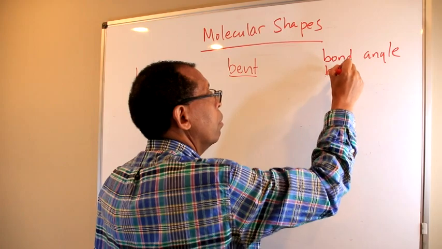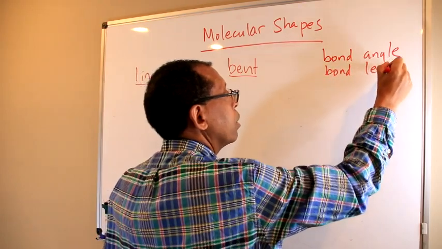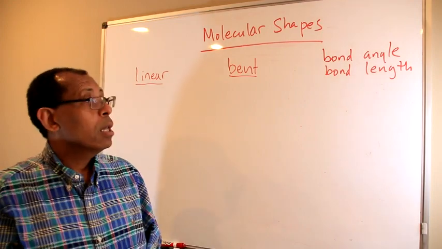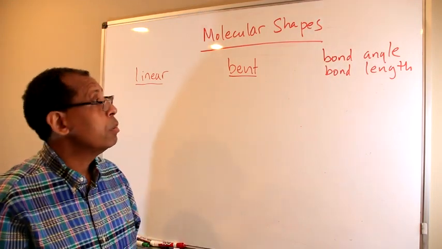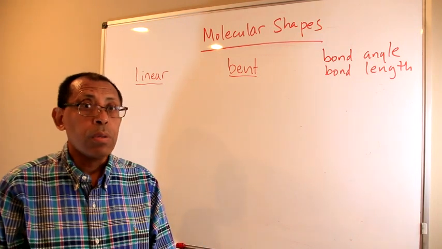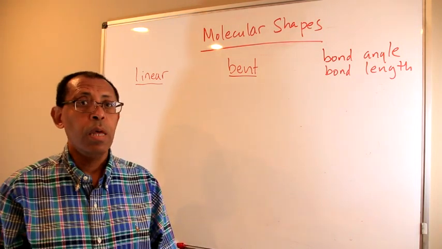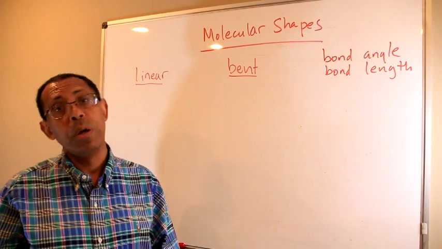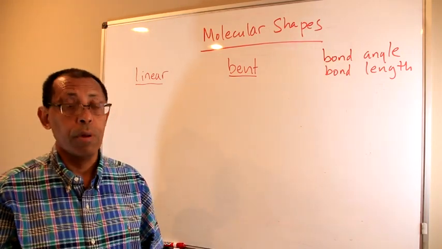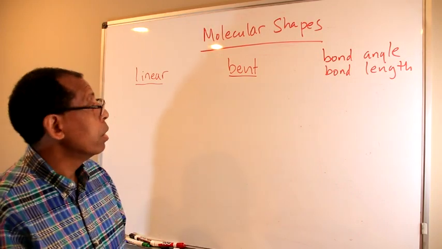Of course, also bond lengths between two atoms in the molecule. So the molecular shape is determined by all of the groups that are attached to the central atom, and the central atom also would have either lone pairs or a pair of lone pairs on it.